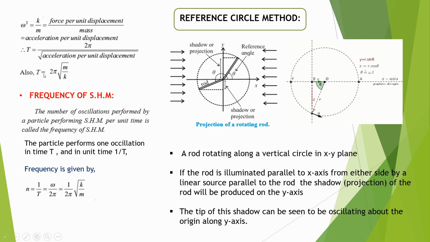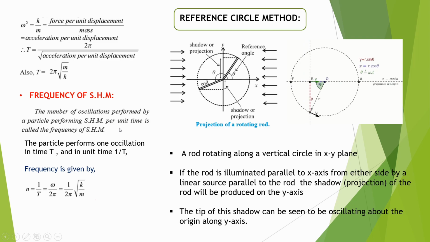Then next let us see about the frequency of SHM. So what is the frequency? The frequency means the number of oscillations performed by a particle performing SHM per unit time. Means in one unit time, how many oscillations are performed by the particle, that is called the frequency of SHM.